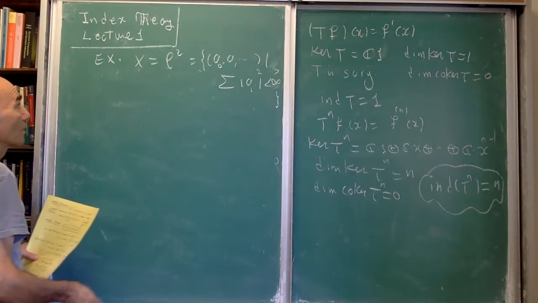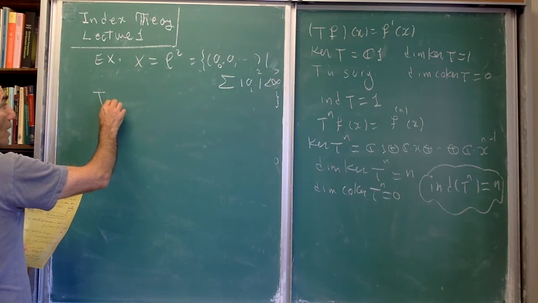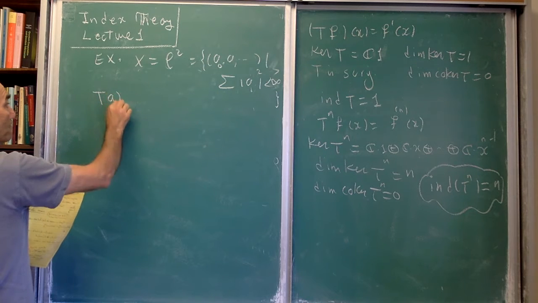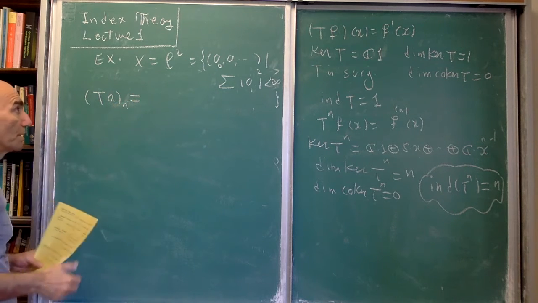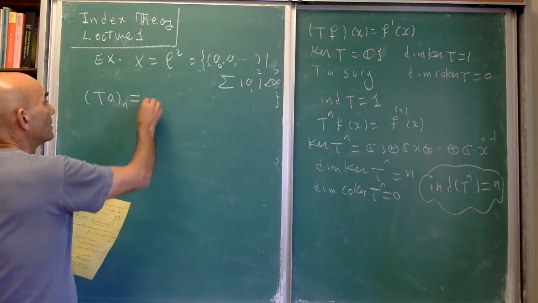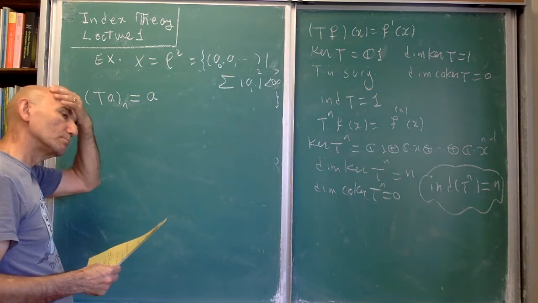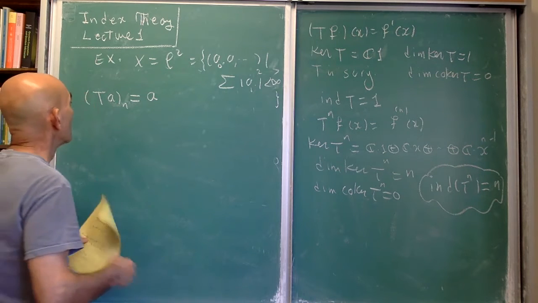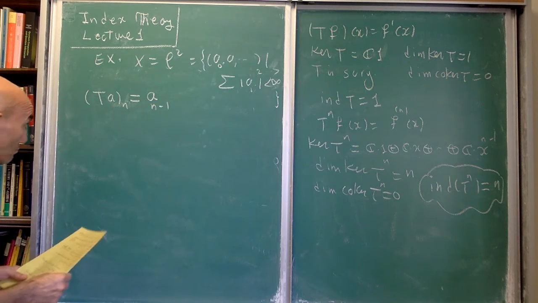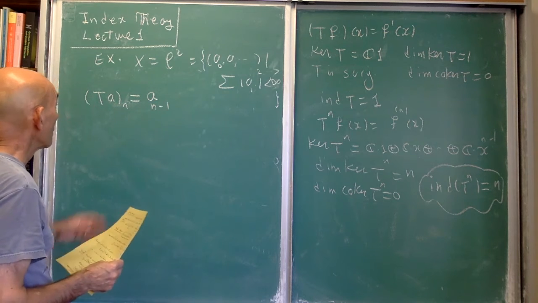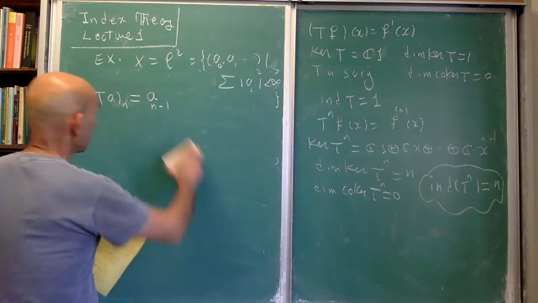Okay, so now the operator T can be defined as T of a_n equal to a_(n-1). Or, yeah, let me just think about it like this.